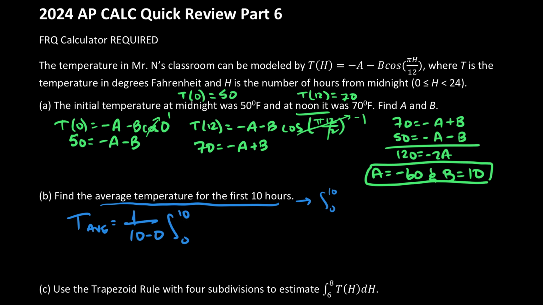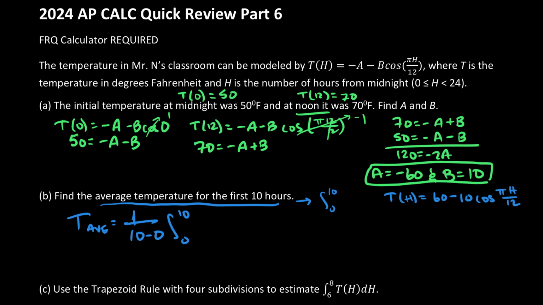Remember, our T of H equation became, when we plugged in these initial values, negative A, so this would be 60, minus B, so that'd be 10 cosine of pi H over 12.